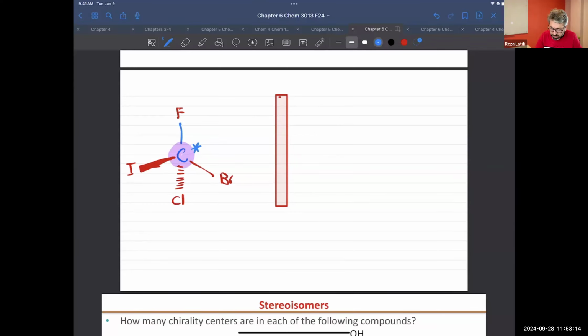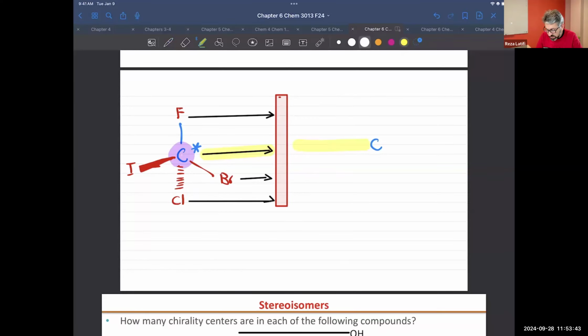We're going to put a mirror in front of it, and then we'll measure the distance of those substituents from the mirror, and try to draw the rest. So I have a carbon, and this distance is the same distance as that one.